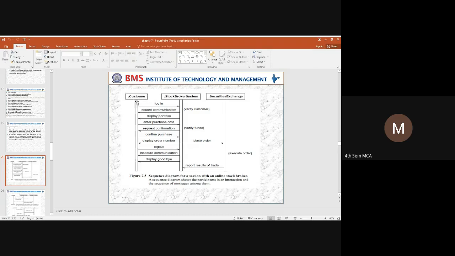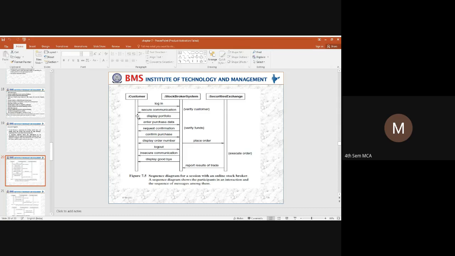The customer will log in to the stock brokerage system. Once the customer logs in, the brokerage system will verify the customer. That is, it checks the credentials of the customer, whether he is a valid, genuine customer. Once the customer verification is over, it establishes a secured communication.